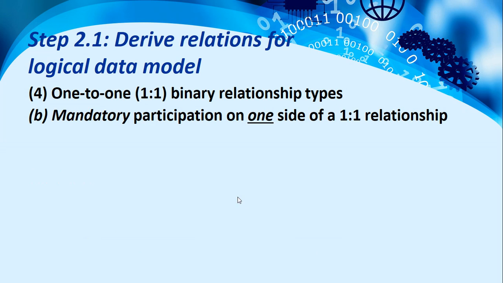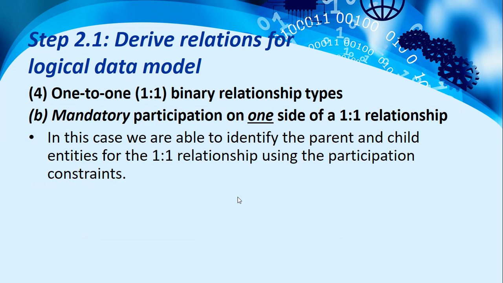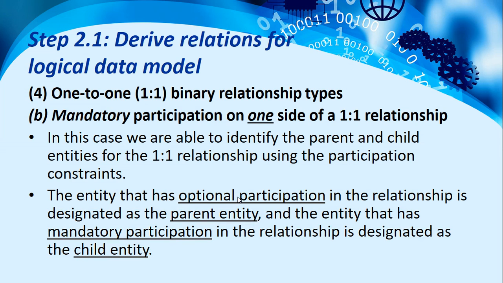So next we have mandatory participation on one side only. In this case, we are able to identify the parent and child entities for the one-to-one relationship using the participation constraints: the entity that has the optional participation is designated as the parent entity. So that is underlined. Again, the entity that has the optional participation is automatically the parent entity, and the other one, mandatory, is the child entity.